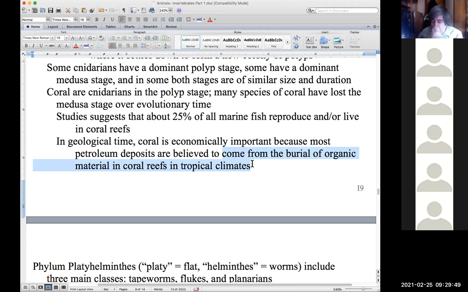If they get buried so quickly, the body doesn't decompose, then the organic materials get buried under the mud, under the sediments that drift to the bottom of the ocean floor. And over millions of years, the pressure of all the layers above them compresses whatever organic materials were in the body to petroleum. So when we look at these organisms, they're important for a couple of reasons.